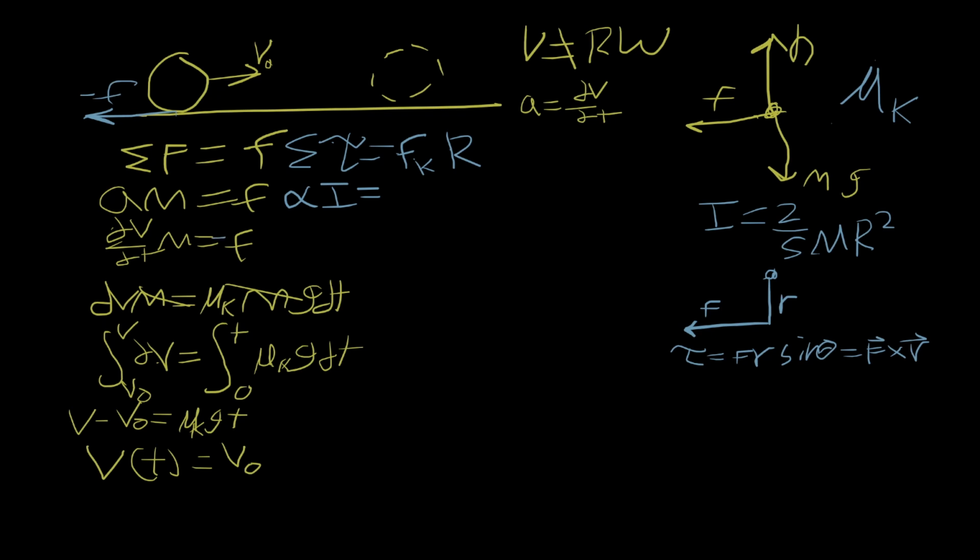So we're going to add a negative to all our frictions here as the following. And then our final solution is right here. This will be the linear velocity of the center of the ball as a function of time. Well, the ball is slipping.